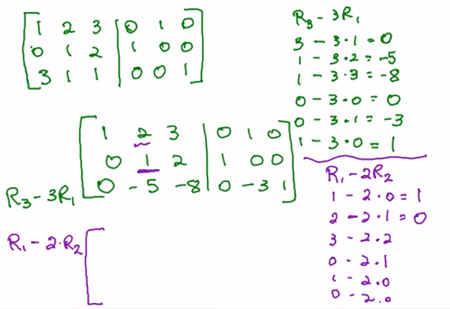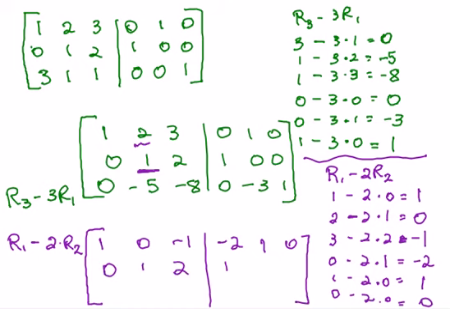There's the 0 that we were trying to get. 2 times 2 is 4, 3 minus 4 is negative 1. 2 times 1 is 2, 0 minus 2, negative 2. 2 times 0 is 0, and 1 minus 0 is 1. And then 2 times 0 is 0, and 0 minus 0 is 0. So the new row 1 is 1, 0, negative 1, negative 2, 1, and 0.